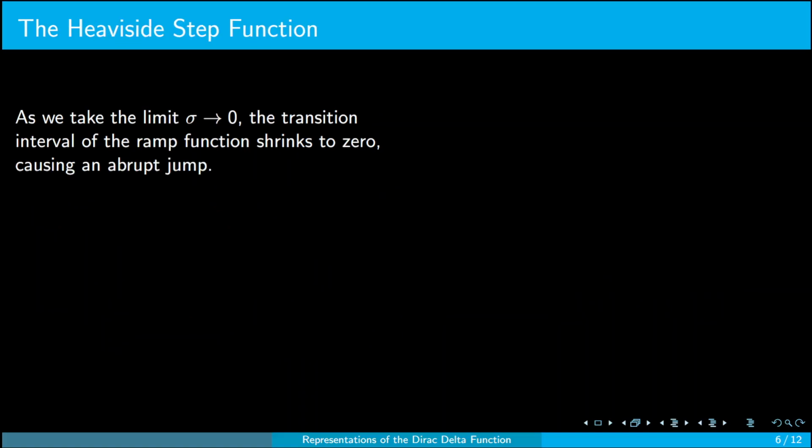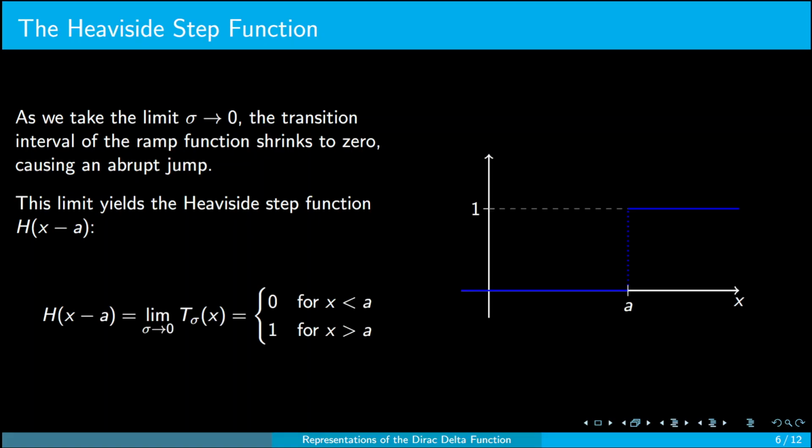We will generalize it, but before that we discuss one more function, the Heaviside step function. As we take the limit sigma tends to 0, the transition interval of the ramp function shrinks to 0, causing an abrupt jump. This limit yields the Heaviside step function, and this is the representation of our Heaviside function.